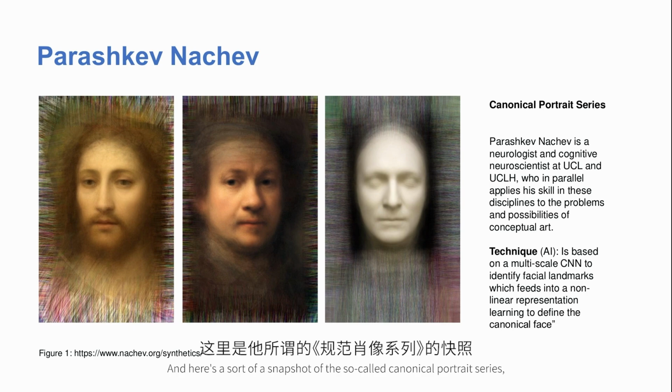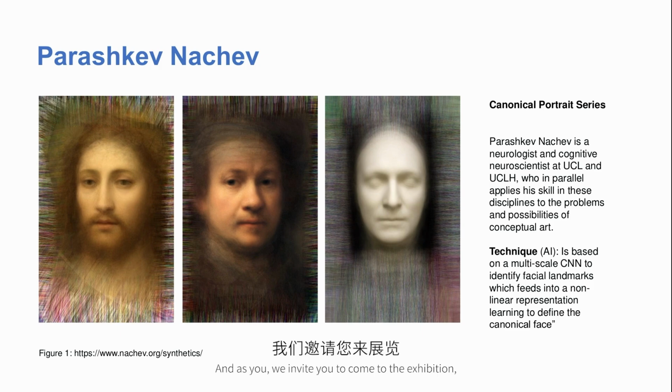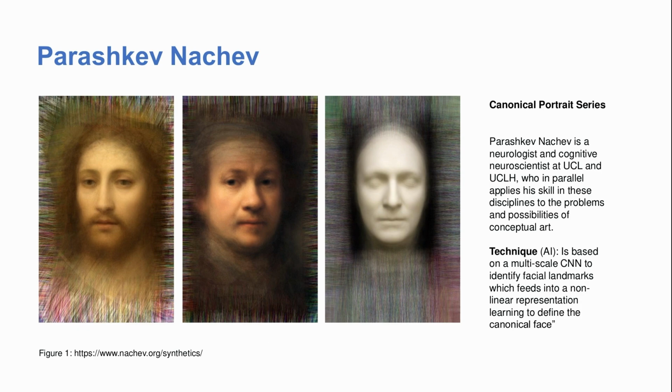And here's a sort of a snapshot of so-called canonical portrait series, where he combines data from many, many different sources and create types of representations in the form of a portraiture. And I invite you to come to the exhibition, and you will learn more about the meaning and the approach of Parashkev-Nachev.